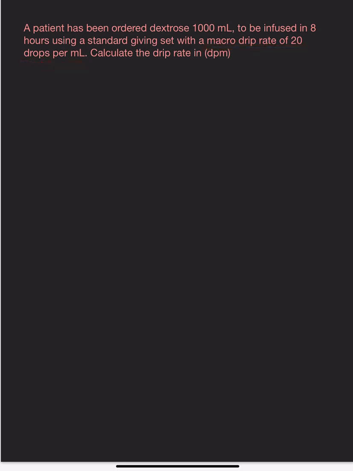The question requires you to calculate the drip rate in drops per minute. That's what's required. In this question we don't have the volumetric pump, we don't have the pump that we need to use. In other words, we're just using a gravity-fed infusion set.